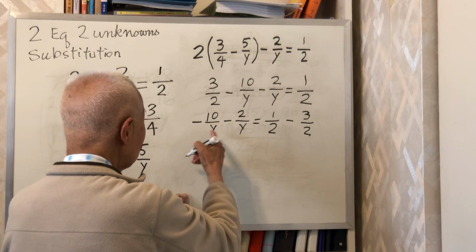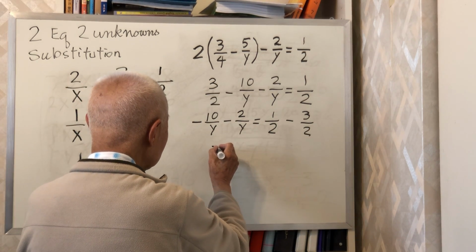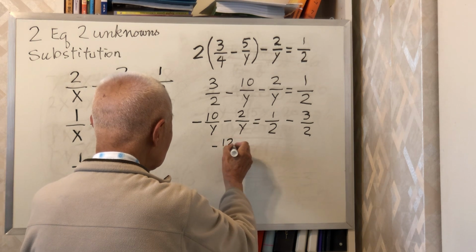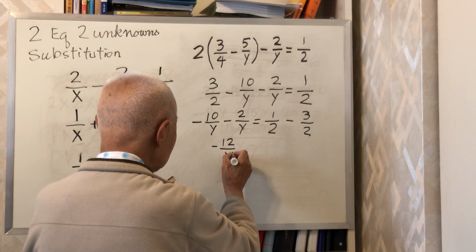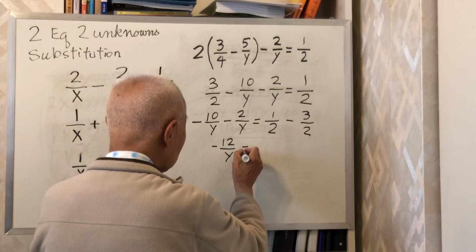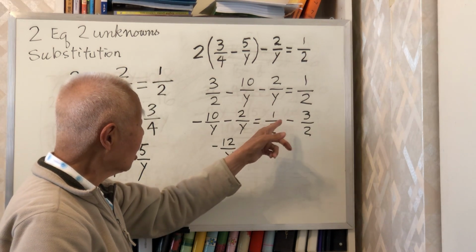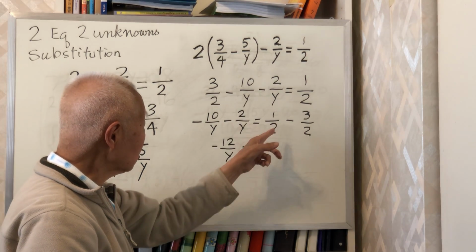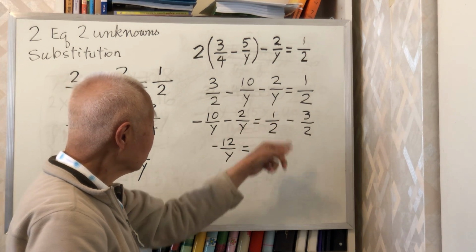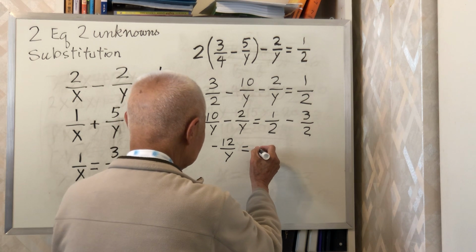And this is minus 12 over y equals, what's this? This is just minus 1, is it? So this is minus 1.